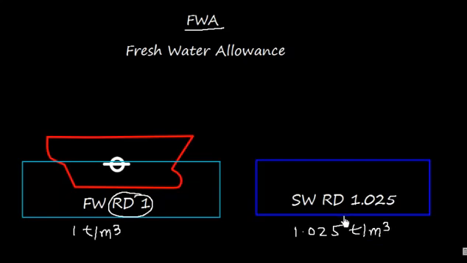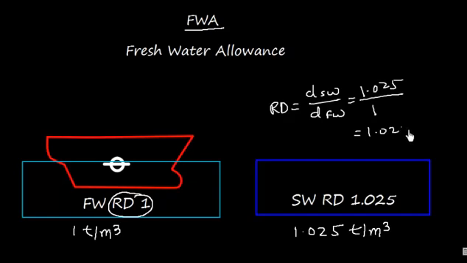Well, the relative density is the ratio of the density of a substance to the density of fresh water. So in case of salt water, the relative density will be the density of salt water divided by the density of fresh water. So in this case, it is going to be 1.025 divided by 1, or simply 1.025. Relative density doesn't have any unit.